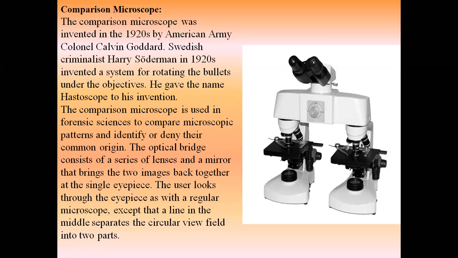resulting image. The idea is that if you split the comparison microscope in half, this will be one full separate microscope, and this will be another full individual microscope. So this is actually the clubbing or mixing of two different compound microscopes.